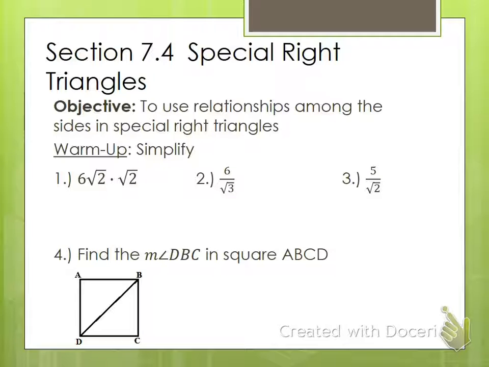The first one, 6 root 2 times root 2. Paris? We would get 12. Root 2 times root 2 is just 2, so 6 times 2 is 12. On number 2, we have a radical in the denominator.